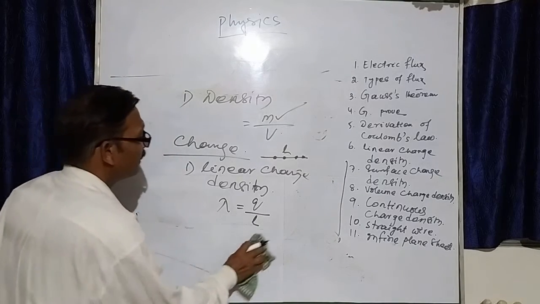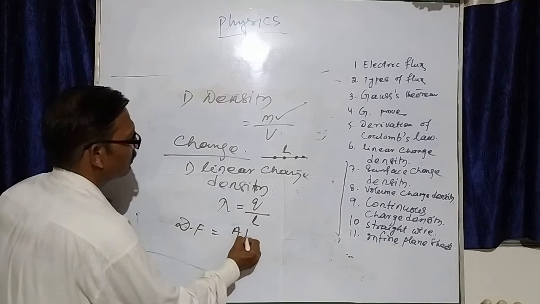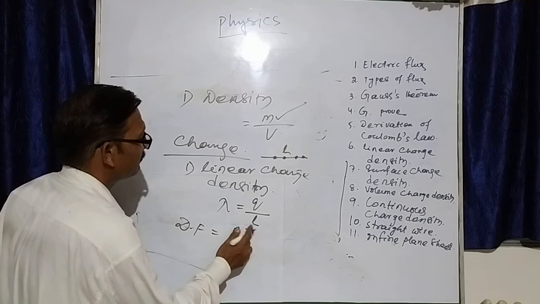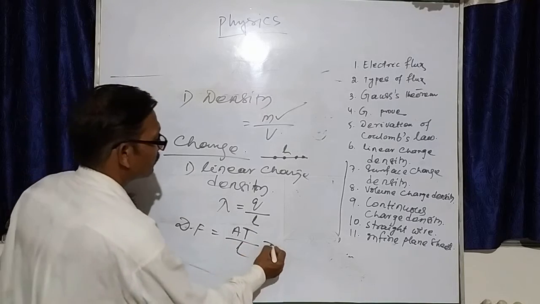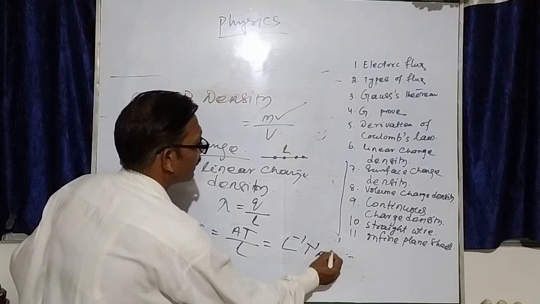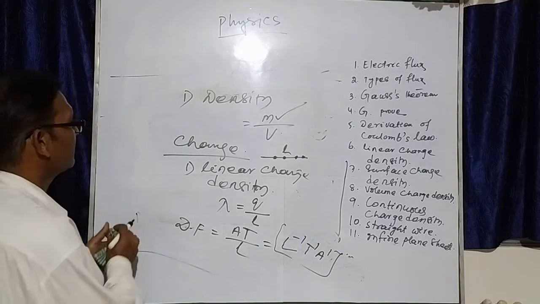Coulomb, Q is equal to IT, that is AT, divided by L, length. So this is L minus 1 T1 A1. This is the dimension formula for linear charge density.